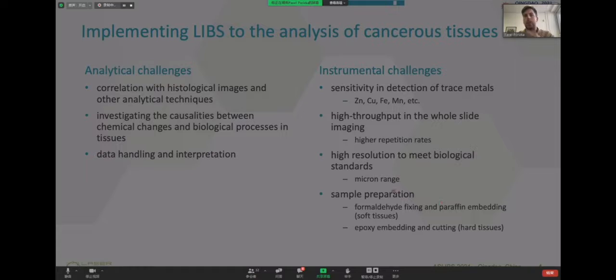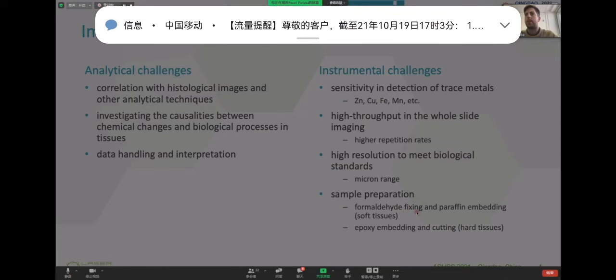Also, LIBS is usually said to be a technique that doesn't need any sample preparation, but this is not true in the case of biological images, because we really need to be careful in the preparation process. As you have already seen, for soft tissues you do formaldehyde fixing, then paraffin embedding, then cutting with a microtome.